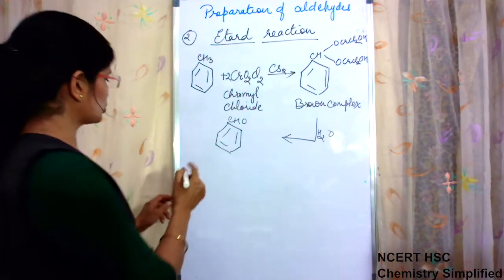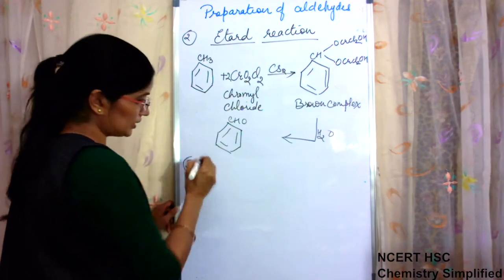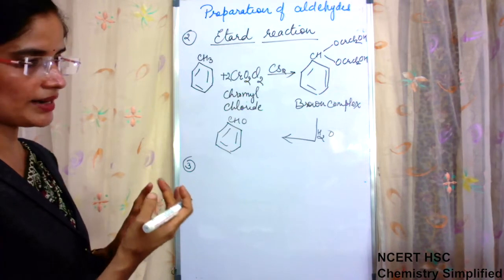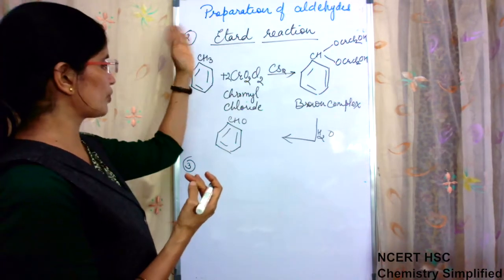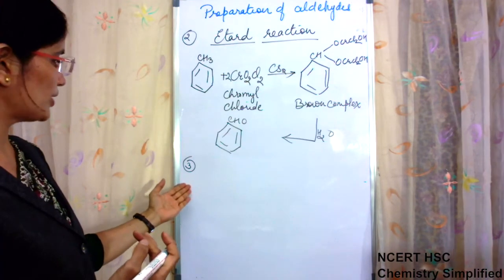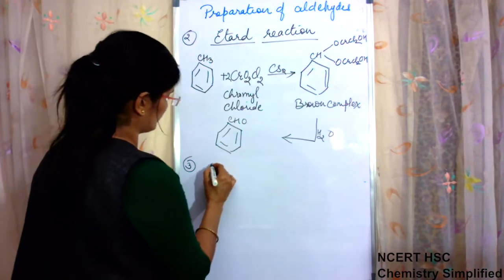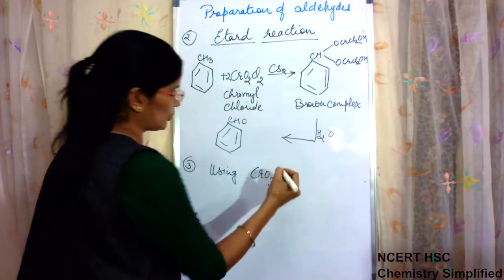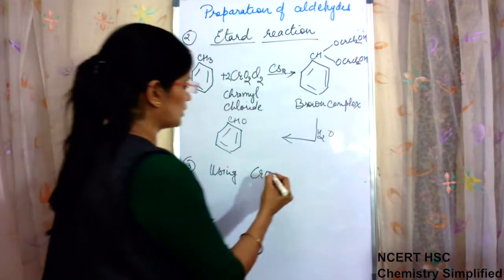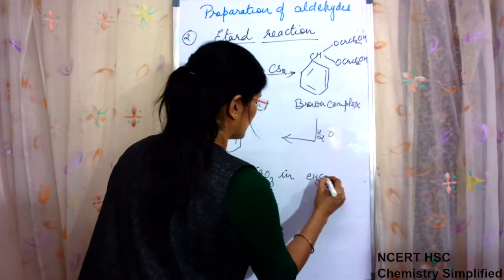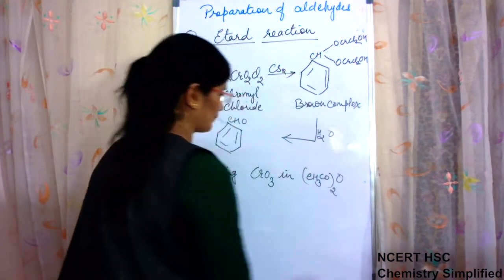Similarly, one more reaction is there under the heading from hydrocarbons. So, from hydrocarbons by side chain halogenation, from hydrocarbons by Etard reaction, and from hydrocarbons by using CrO3, chromic anhydride dissolved in acetic anhydride.